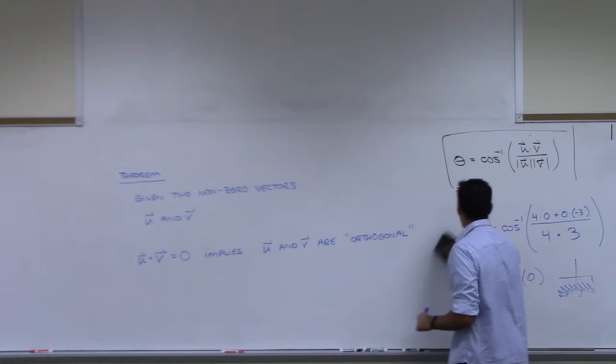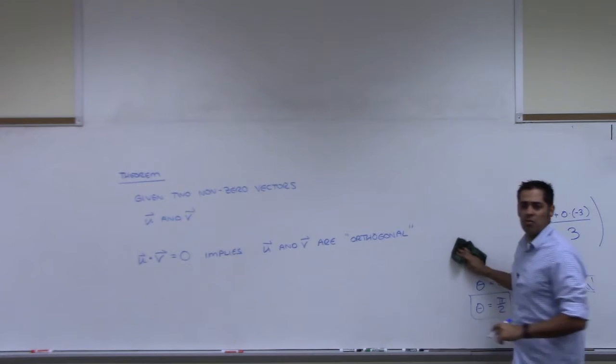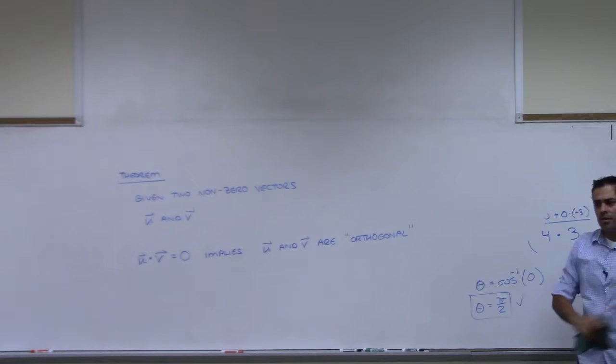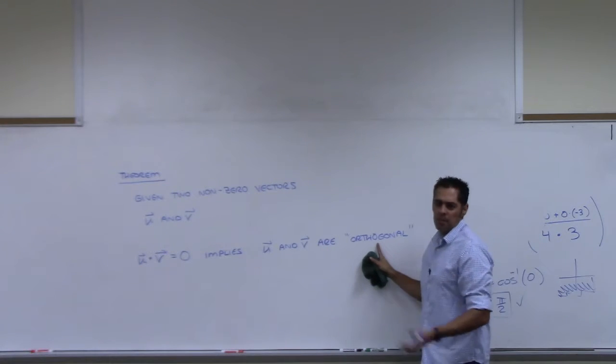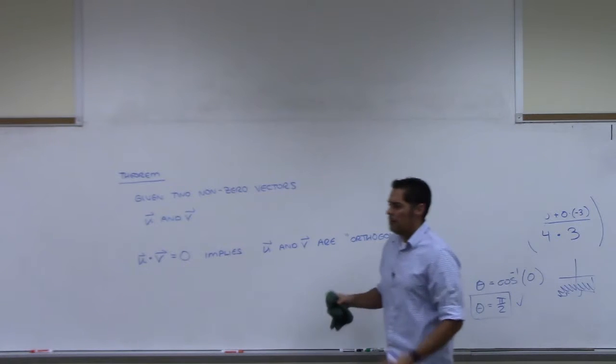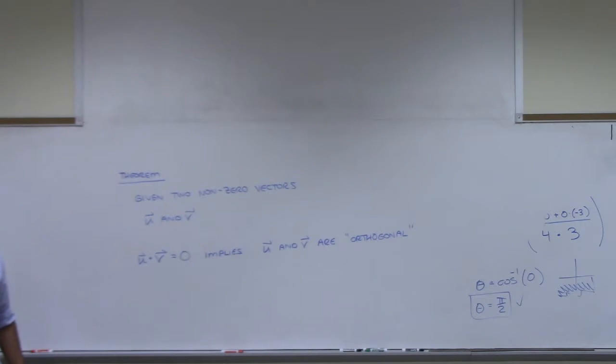Now, the word orthogonal is the word that we use when we are trying to say that the angle between two things is 90 degrees or pi over 2. So that really means perpendicular, all right? So if you take two vectors and you take their dot product and you get 0, there's no more work to be done. The angle is 90 degrees, all right?